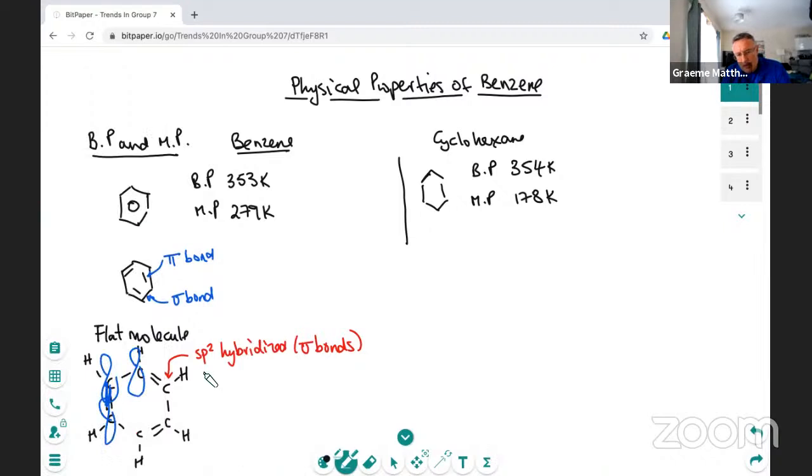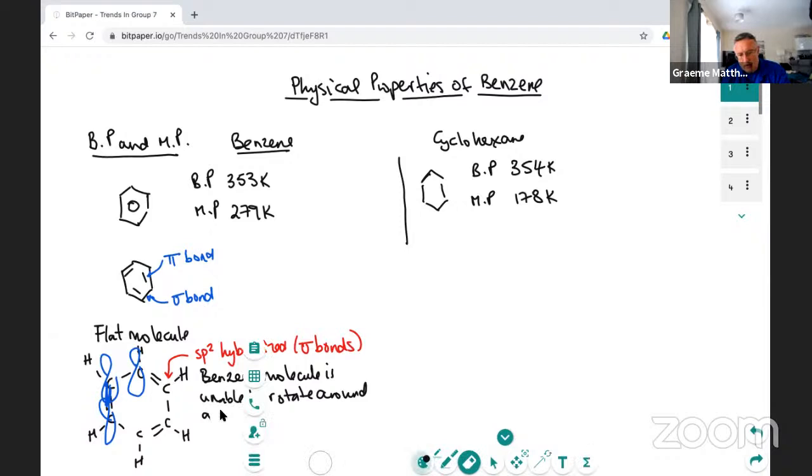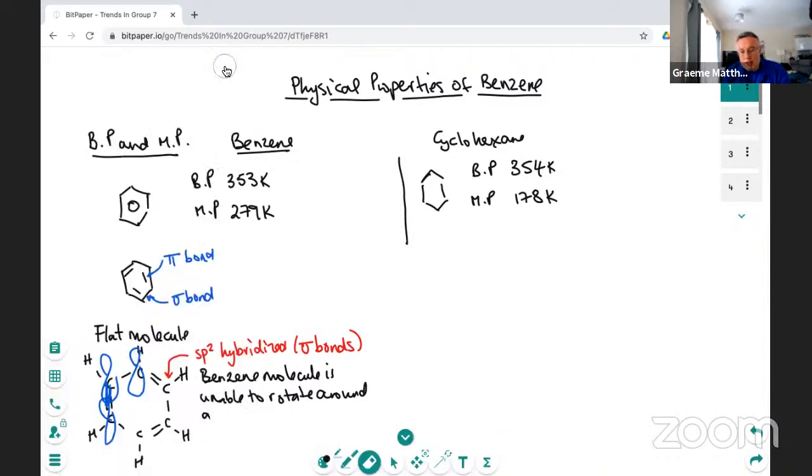And so the benzene molecule is unable to rotate around a double bond. Actually, let me call this a conjugated pi bond system.